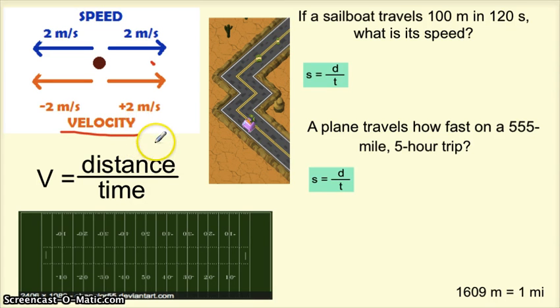For example, if you had a football player that ran from the 20-yard line to the 30-yard line, you could calculate the distance over the time it took him to run that, and you could calculate the velocity.